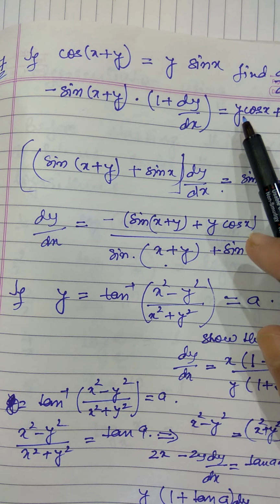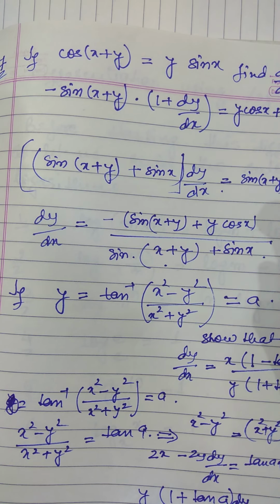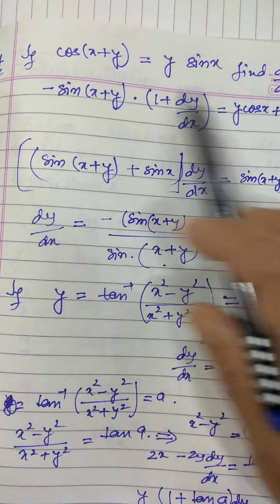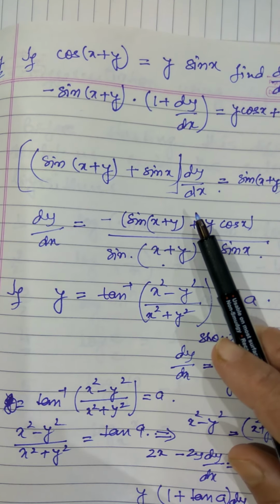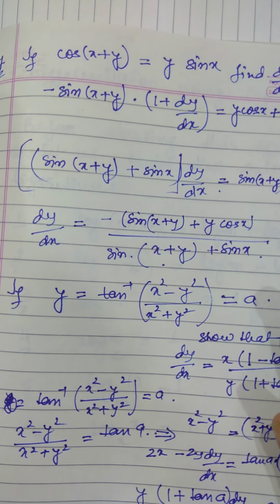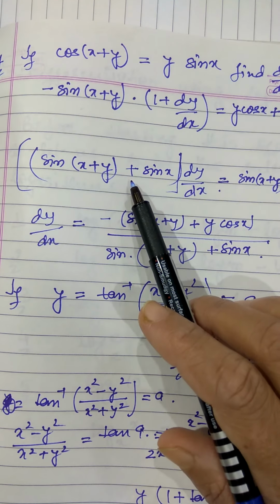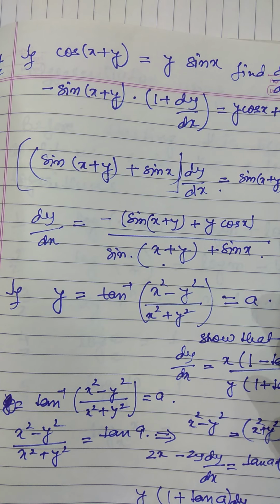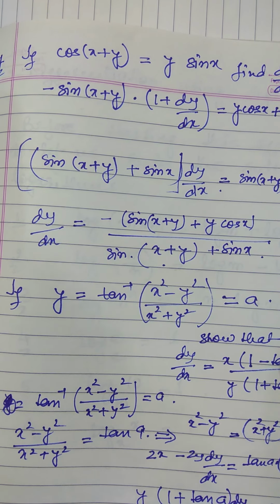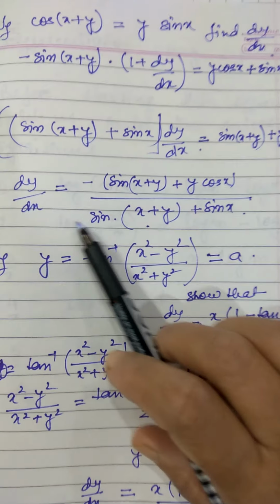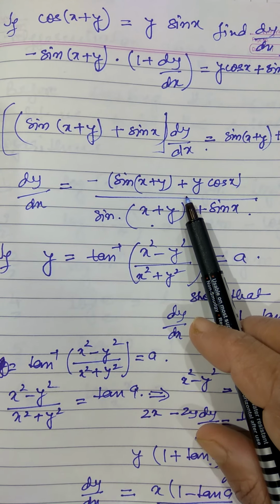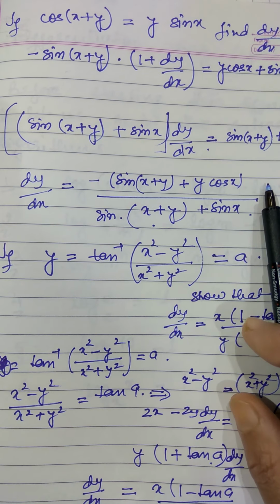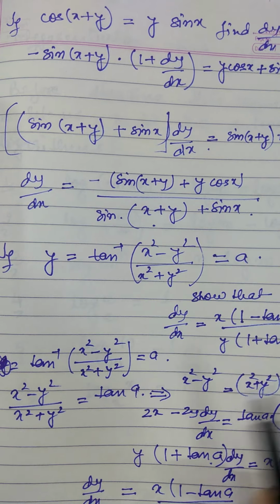First function into derivative of second plus second function into derivative of first. And now bring the terms containing dy/dx on one side and separate them. So sin(x + y) + sin x, dy/dx is equal to... so dy/dx = -(sin(x + y) + y cos x) / (sin(x + y) + sin x). So this is how we differentiate.